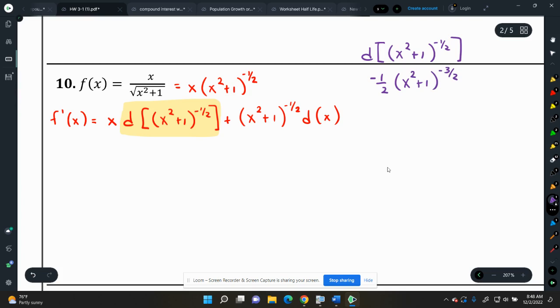When we say outside, that means we're not touching anything inside the parenthesis. And times, now we're doing the inside, 2x. So negative 1/2 times 2x, that's negative x again, times x squared plus 1 to the negative 3/2.